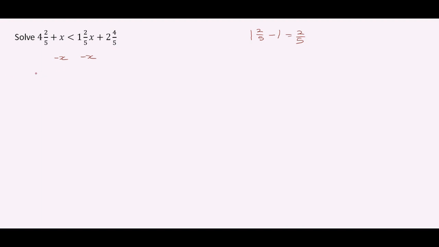So we have 4/2 is less than 2/5x plus 2/4. So now we're going to subtract 2/4 from both sides. So 4/2 minus 2/4. So 4 minus 2, that is 2.